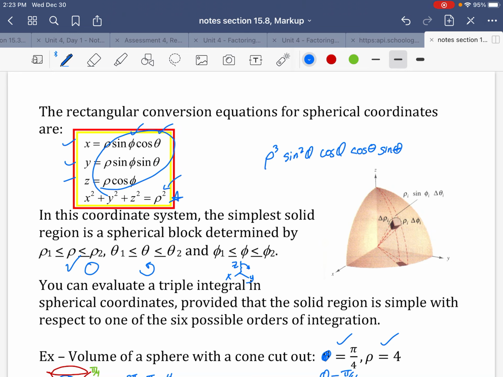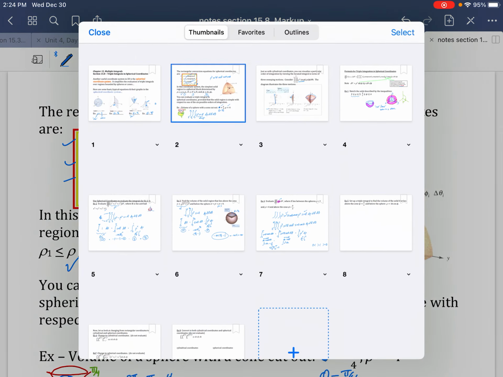So I'm going to do a little bit of shenanigans here just to fix this up. So I'm going to multiply both sides of my equation, my rho equals 16 cosine phi, by another rho so I can get a rho squared on the left-hand side. And then I'm going to be using this equation as well. Just bear with me for a second.